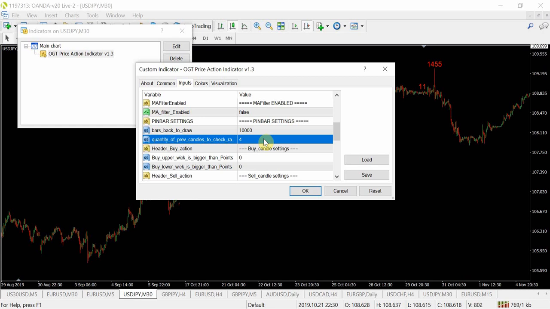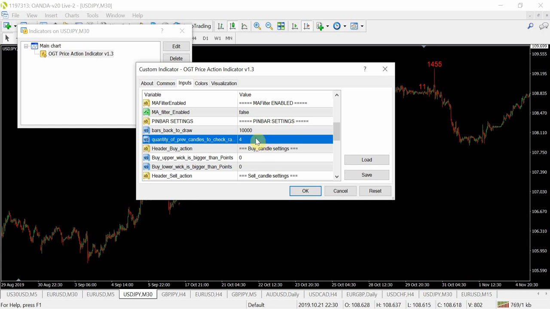And he stated in his book that the range of the pin bar should be bigger than the 4 previous candles. I've definitely not explained myself very well there. There you go, I said it. So this is why I always select 4.